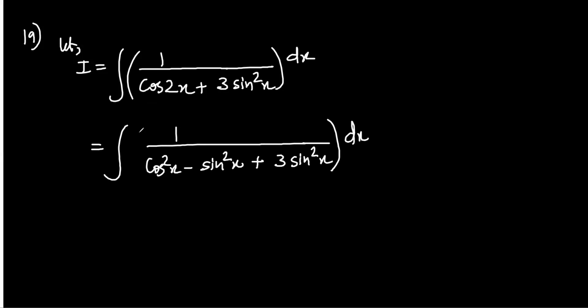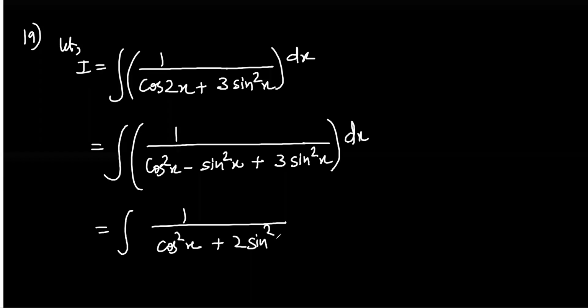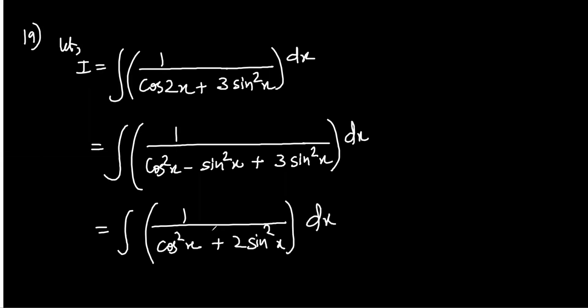So, next step, I get 1 upon cos square x plus 2 sine square x. So what you notice, students? You notice that it is the same type which we just saw. Numerator is 1 and in the denominator you have terms of cos square x and sine square x.